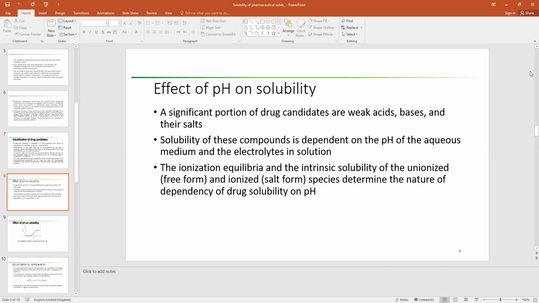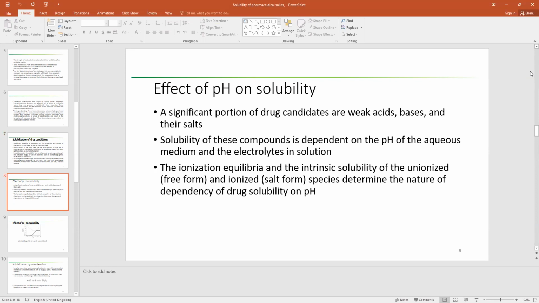Now, in order to enhance solubility, we need to go for certain techniques as we mentioned earlier. We will start with the effect of pH on solubility, where a important number of drug candidates are either weak acids or bases and their salts. Therefore, solubility can be easily modified by changing the pH of the aqueous medium and the electrolytes in solution.